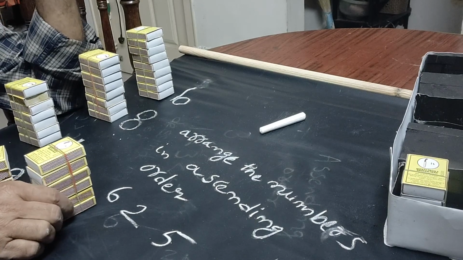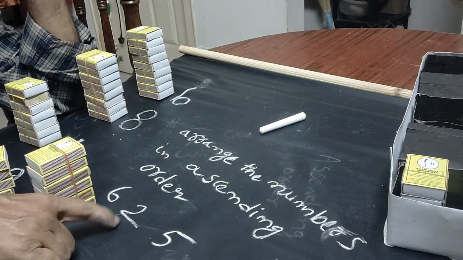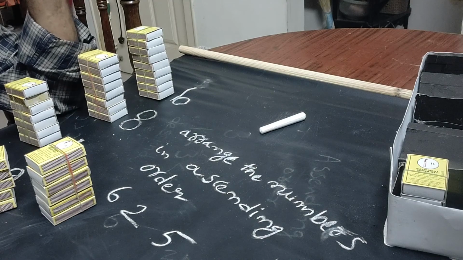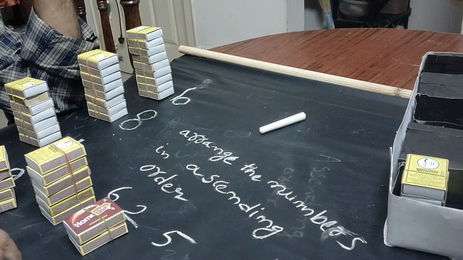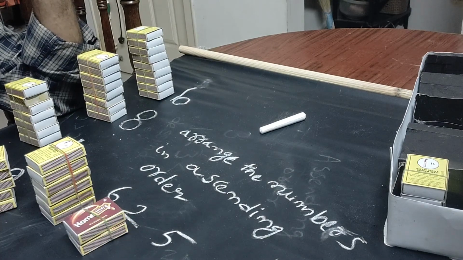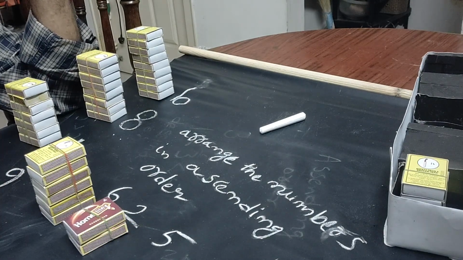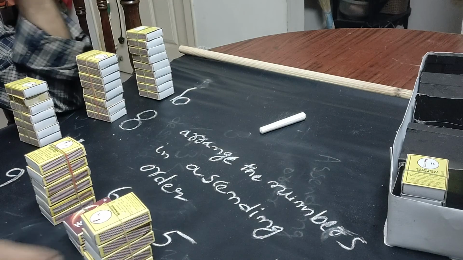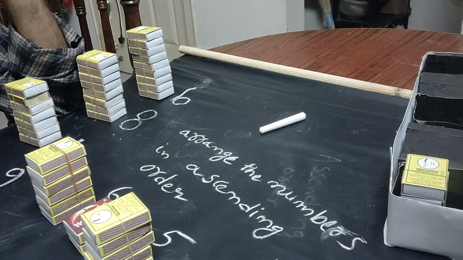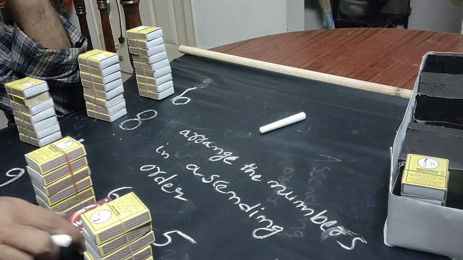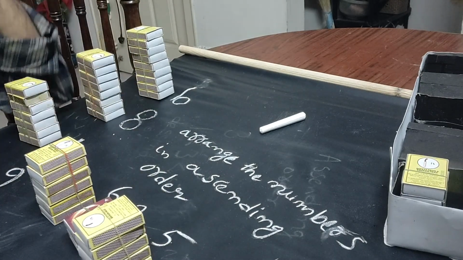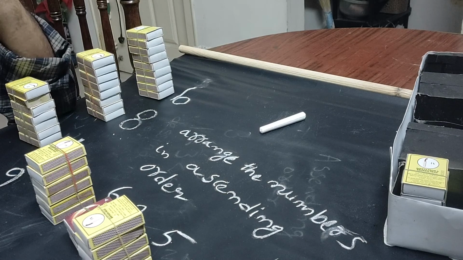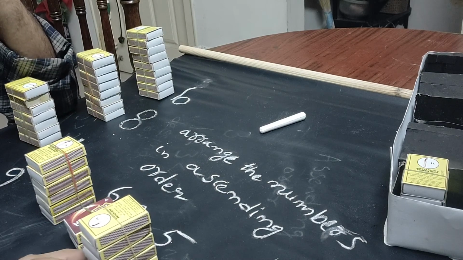Next, we ask them to put 2 boxes bunch here, 1 2 here. Again we ask them to place here 5 boxes bunch, 1 2 3 4 5. Now you ask them to arrange these 3 bunches according to their height, from lower to higher, small to big.